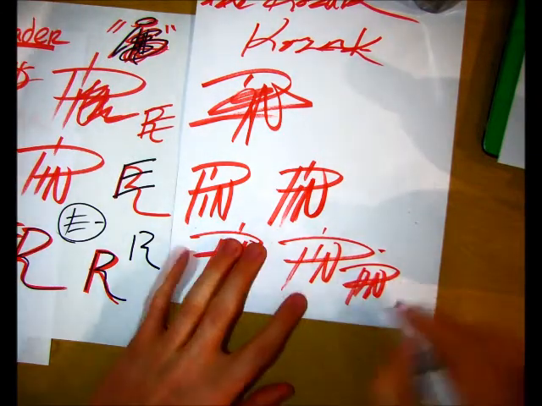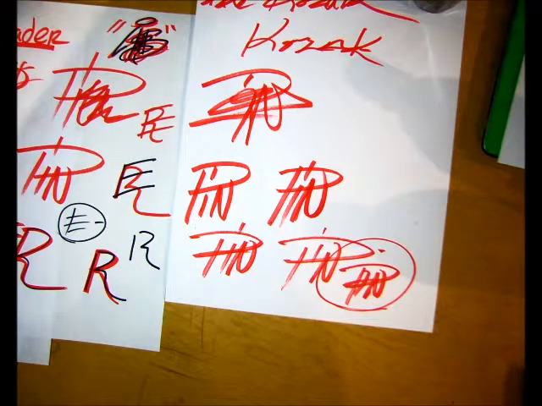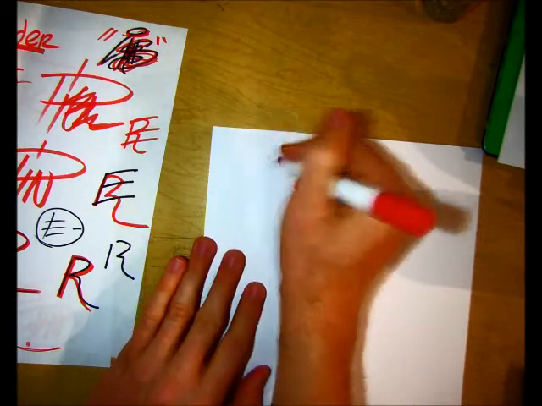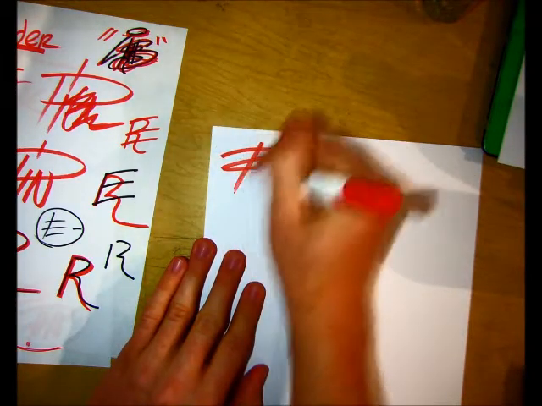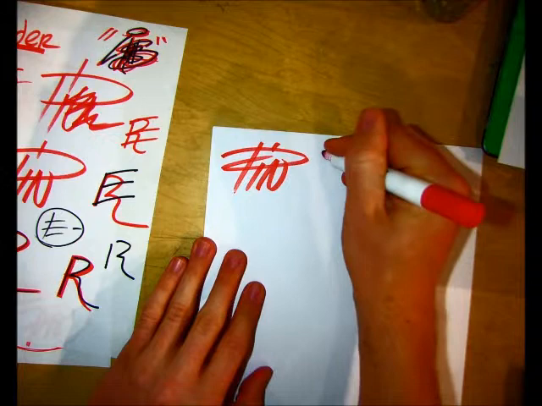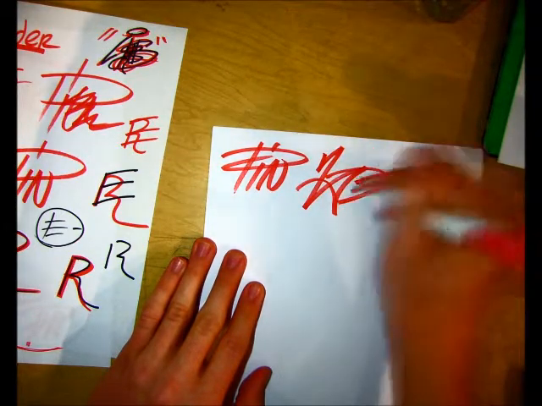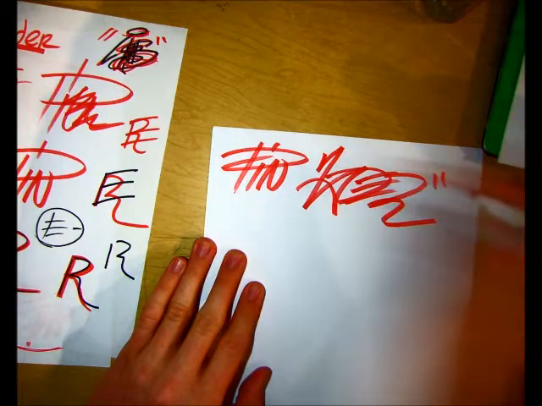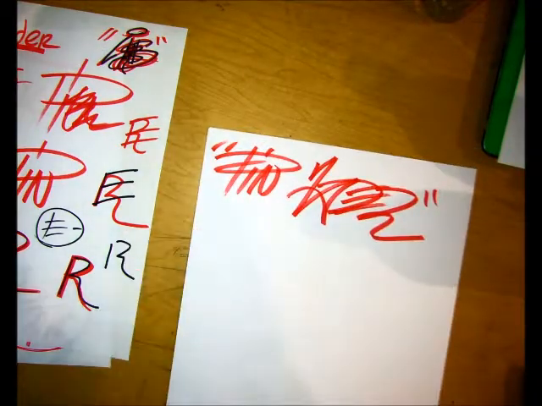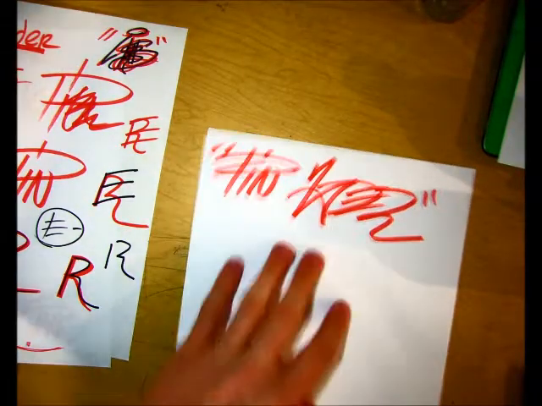So you're going to hammer through this until you feel that it's like a signature. Eventually I can do P, and then I have pin Vader. And that will be my tag.